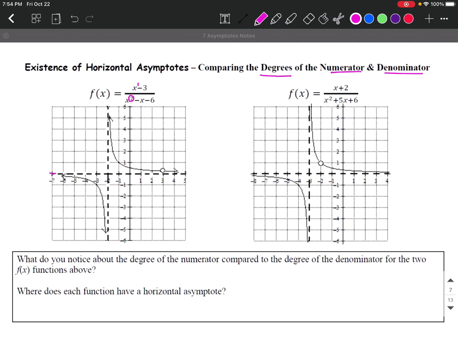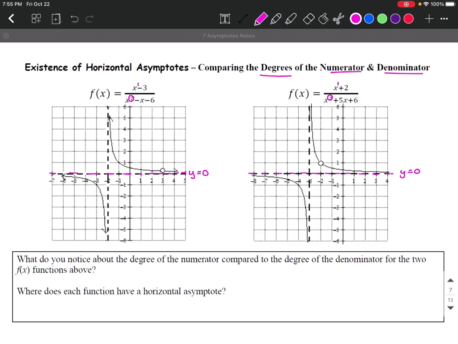And notice there's a horizontal asymptote here at a height of y equals 0, right at the x-axis. Let's look at the other f of x. f of x is x to the first plus 2 over x squared plus 5x plus 6. And again, this graph also has a horizontal asymptote at y equals 0.